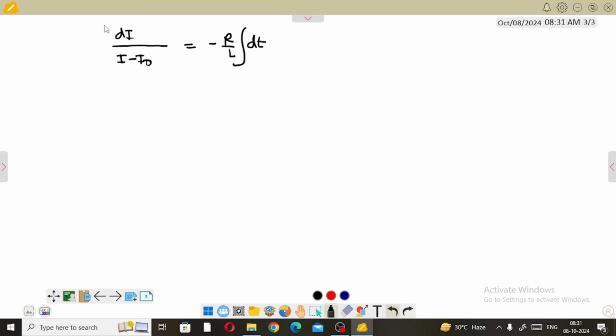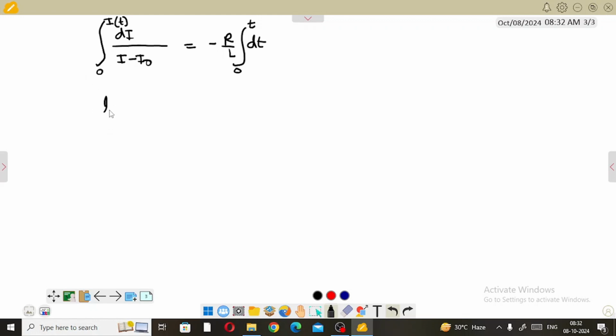I'll do an integration. Now remember one thing, the circuit is at first in de-energized state. So at t equal to 0, the current flowing through the circuit is 0. When I plug in the value at t, what will be the current flowing through here? I will name it to be I of t. So that's my limit of integration.